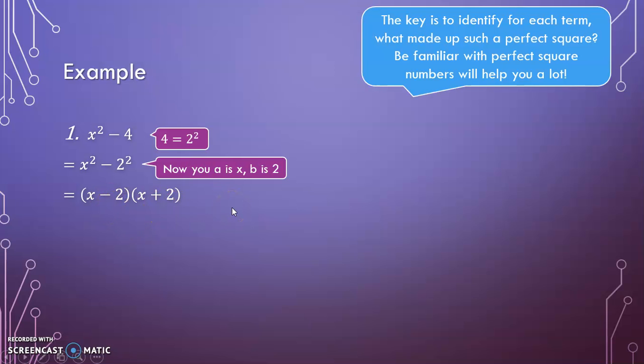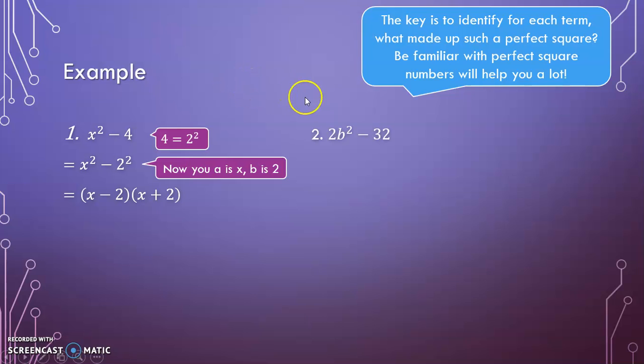So the key is to identify for each term what actually makes up the perfect square, or if you can see this is a perfect square number. Therefore, if you are familiar with those perfect square numbers, for example, 4, 9, 16, 25, or 36, then it will help you a lot.